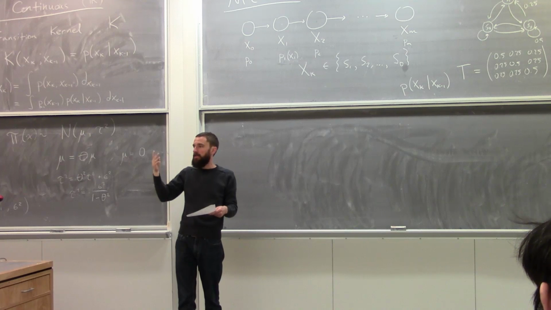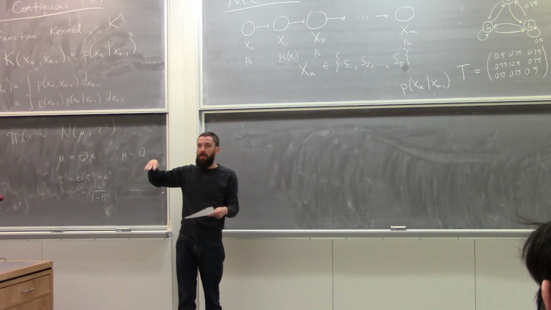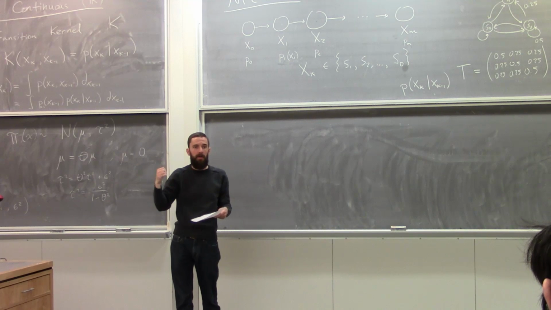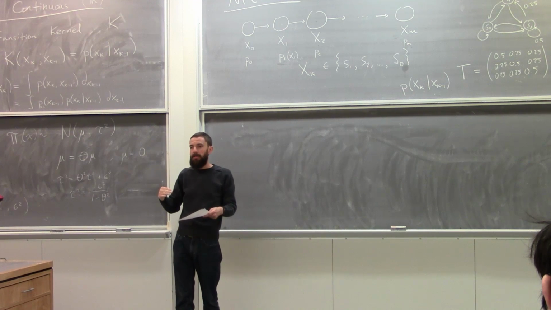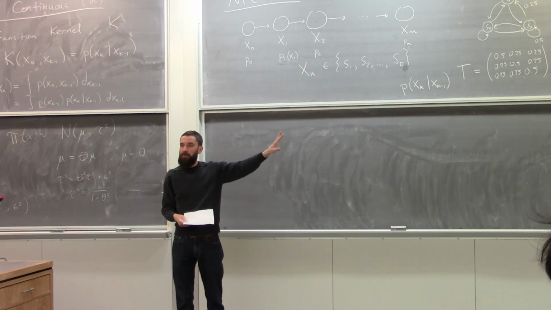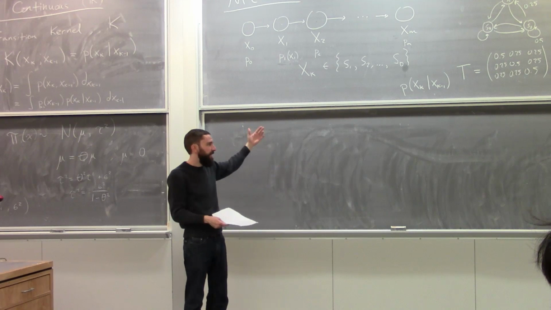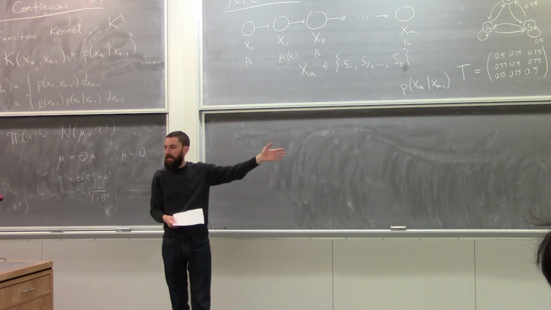Then we had this decision rule, this acceptance probability of either accepting or rejecting that proposal sample that we would get. And we saw that led, through a probability argument, to the accepted samples having the right distribution.